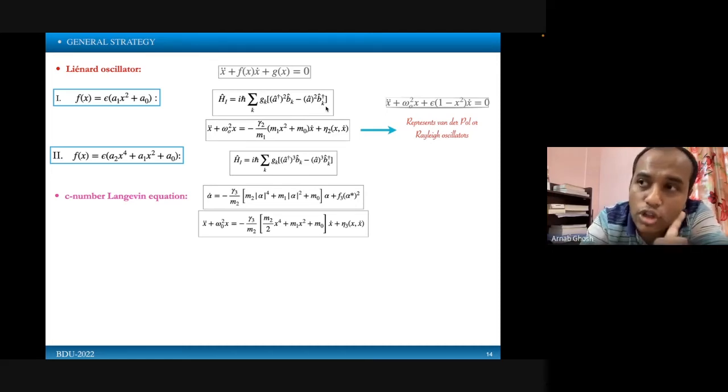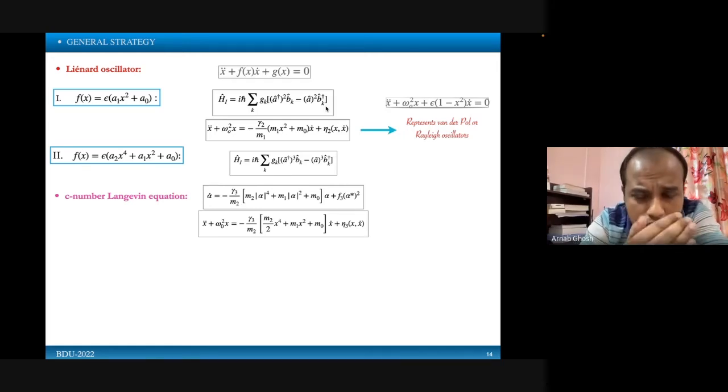So although the van der Pol and the Rayleigh look different at the classical level, their quantum analogs, the noisy quantum van der Pol and noisy Rayleigh oscillators, are equivalent at the mean field level. So you can derive them from the same microscopic interaction Hamiltonian under C-number Langevin description. This is one of the findings in this work.